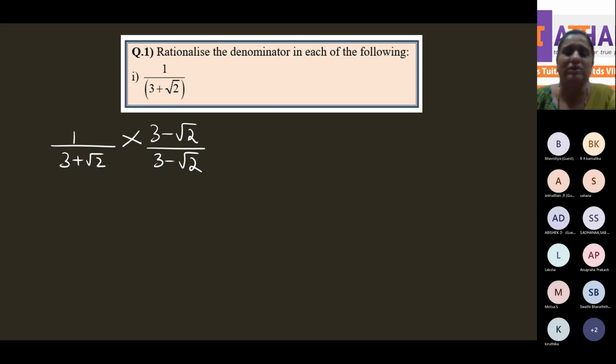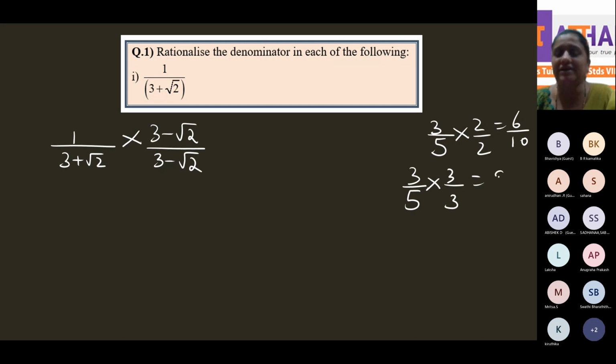Now, why are we doing it like this? Don't you remember when we were young, we used to write equivalent fractions like this. When we had 3 by 5, we used to multiply this by 2 by 2 and then say 6 by 10. 6 by 10 is a fraction equivalent to 3 by 5. Then a teacher will say write 4 equivalent fractions. So we'll multiply and divide by 3, then write 9 by 15, an equivalent fraction.